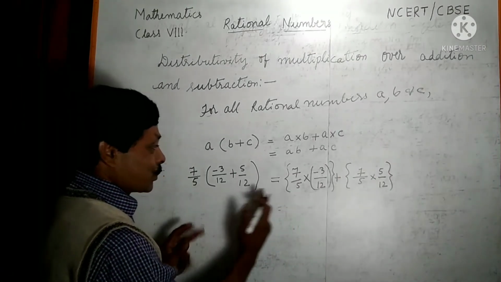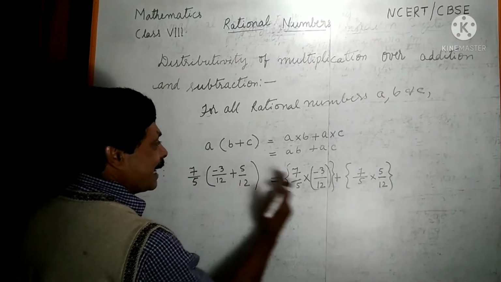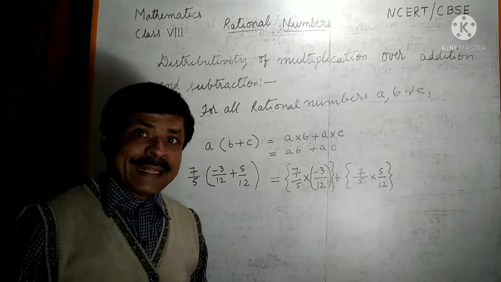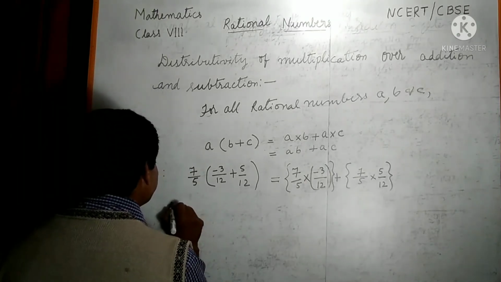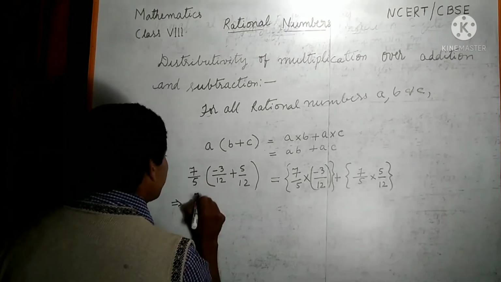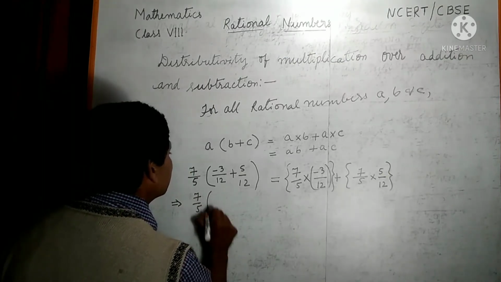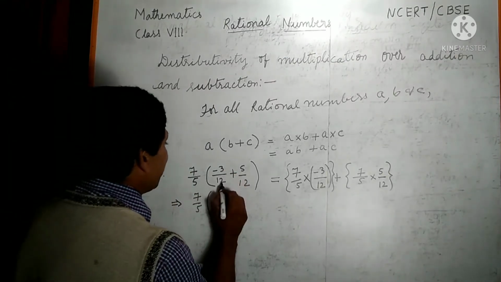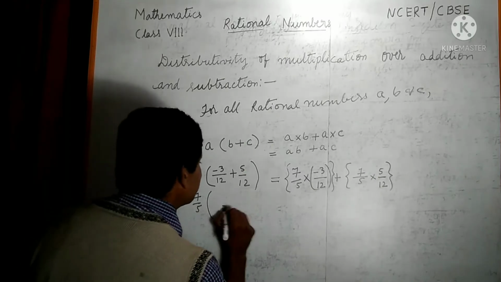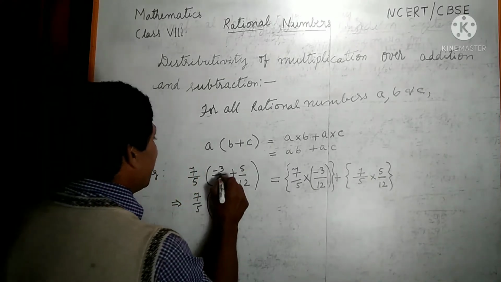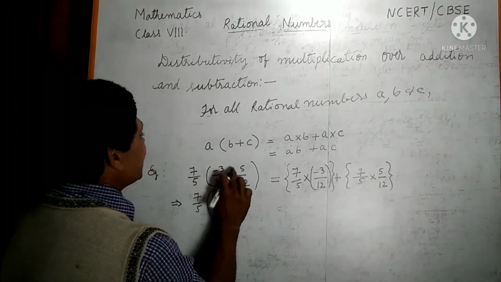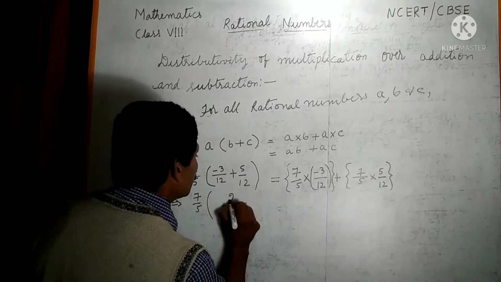Now let us solve the left hand side and right hand side simultaneously. That is, the left side implies 7 by 5 into minus 3 by 12 plus 5 by 12. Here LCM is 12 and minus 3 plus 5 is 2.